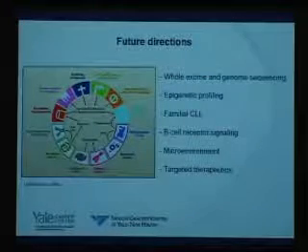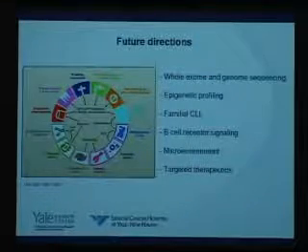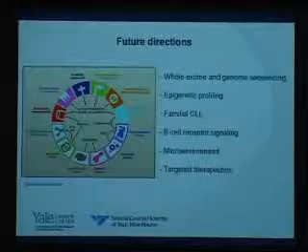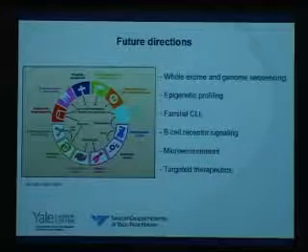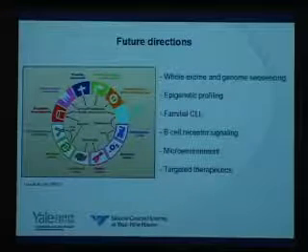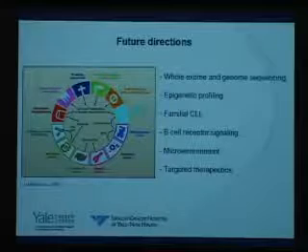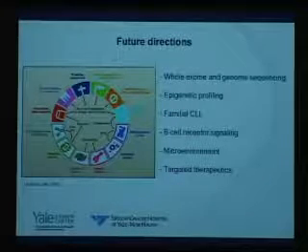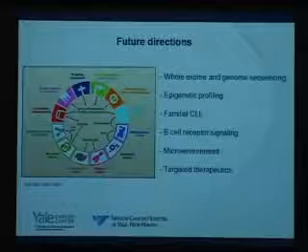So, big picture, future directions of this work: hopefully, as technology becomes less expensive, whole exome or whole genome sequencing may provide more information about the specific genetic mutations and what mutations we're missing that might be involved in the pathogenesis of this disease.